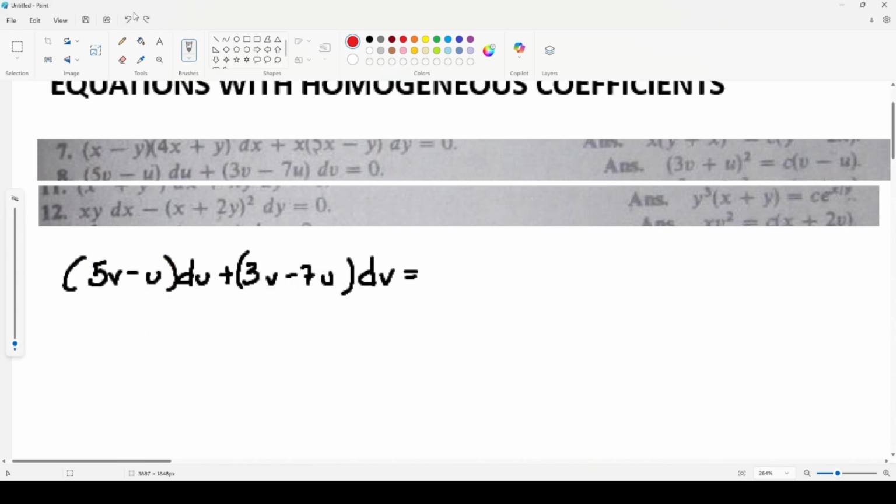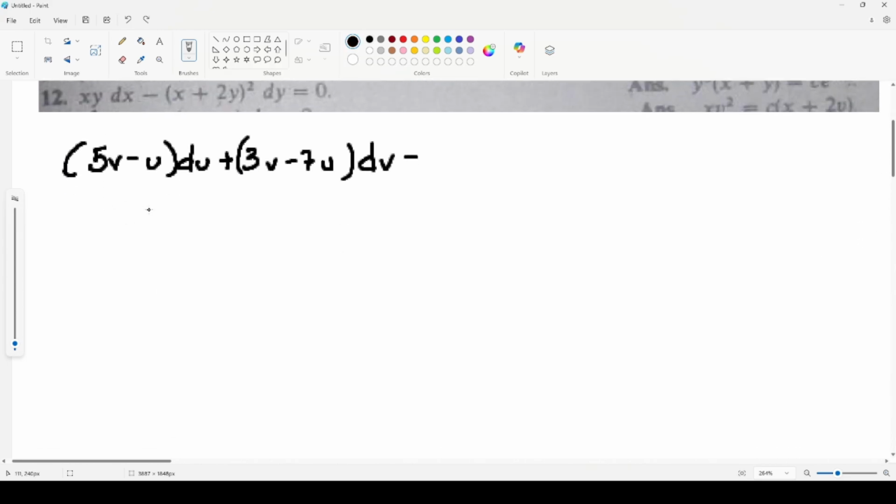But how do you test if it is really homogeneous? Officially, we test the equation by substituting each variable with lambda times the variable, so u becomes lambda u.